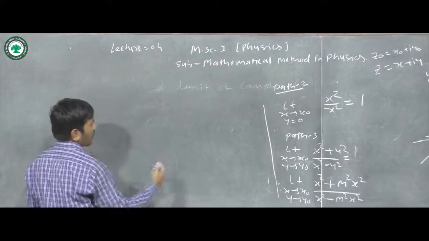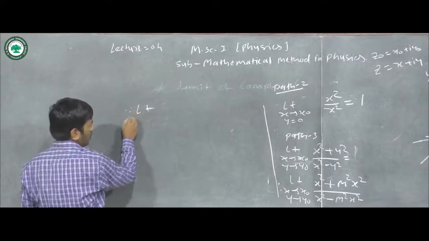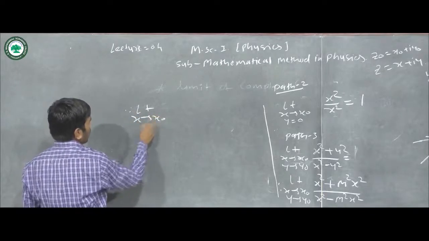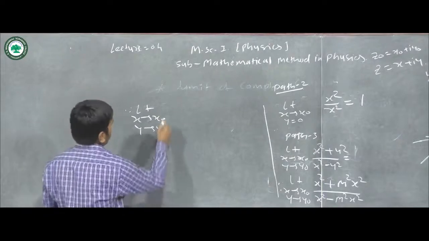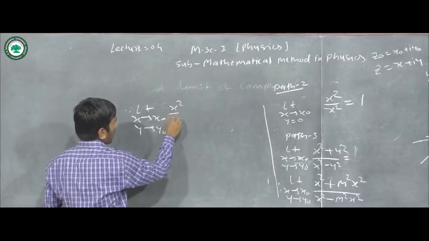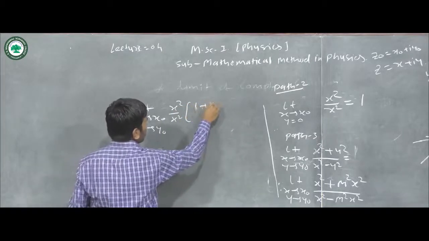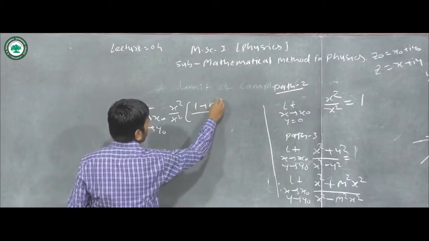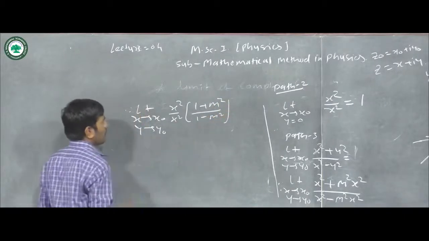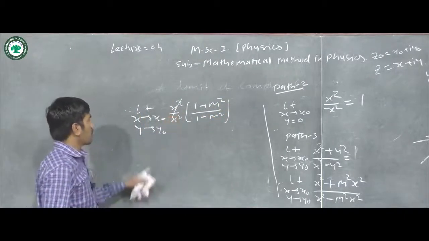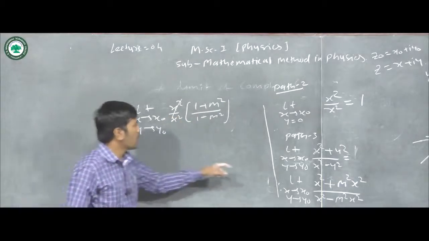If we take x square common, we get x square times (1 plus m square) over x square times (1 minus m square). So this is our result for the third path.